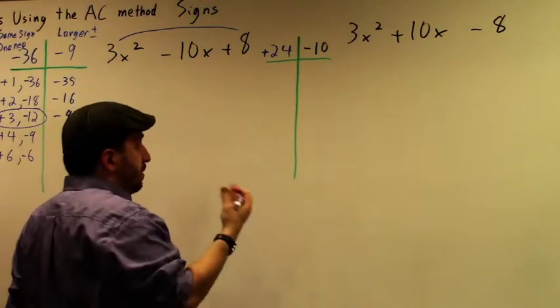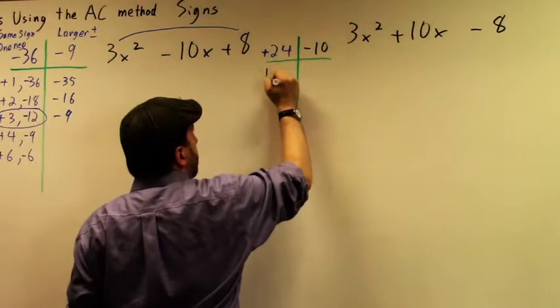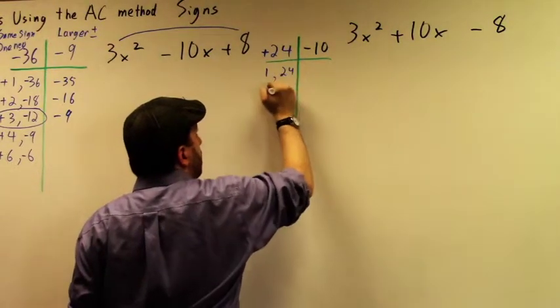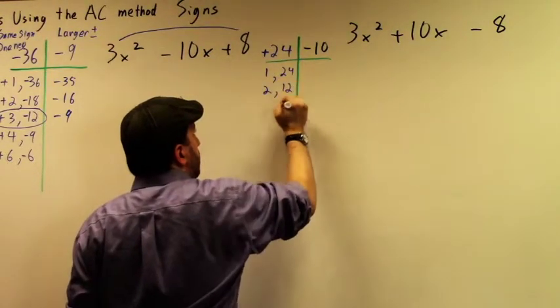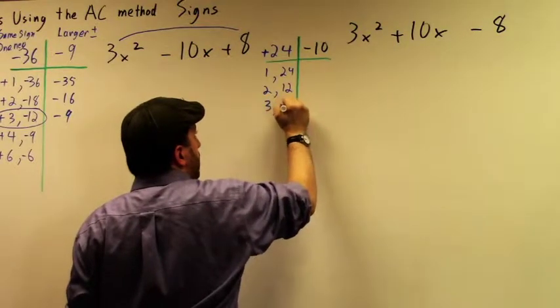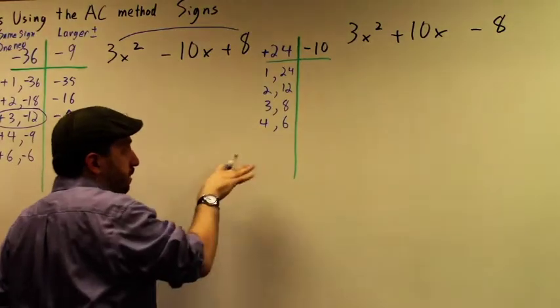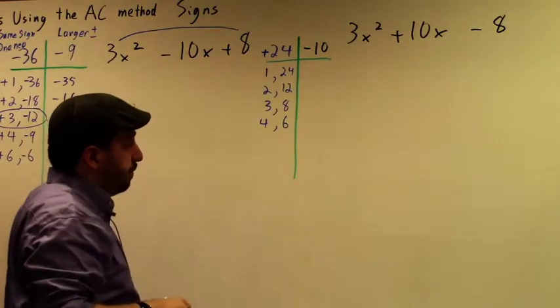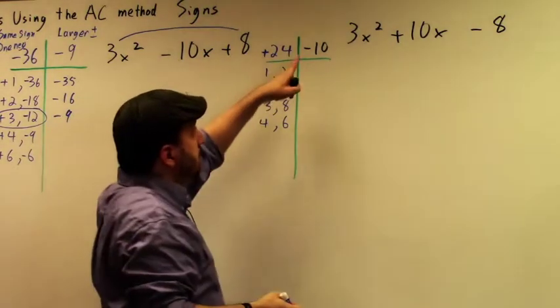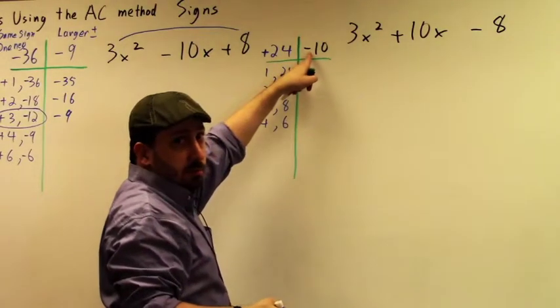So I'm going to list out my factors of 24. 1, 24, 2, 12, 3, 8, and 4 and 6. And that's the end of them. Now, like I said before, this is going to tell us the larger sign.